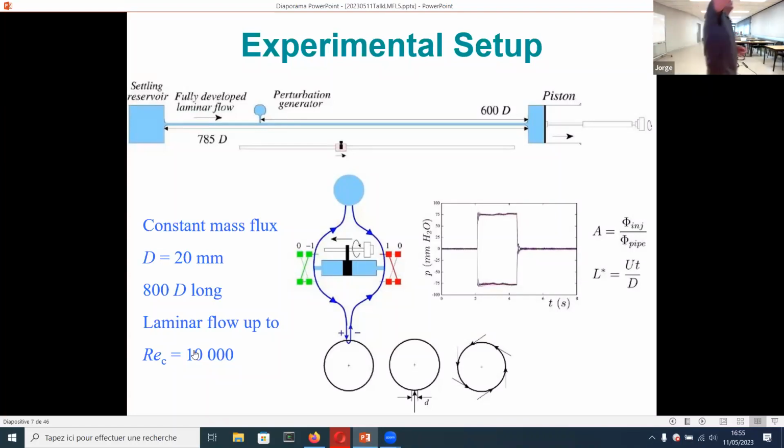The pipe was very long, 15 meters long, and 200 diameters from the inlet. You could inject a disturbance, and here is a sketch of the disturbance mechanisms that we use.